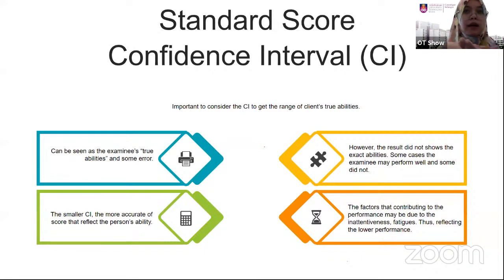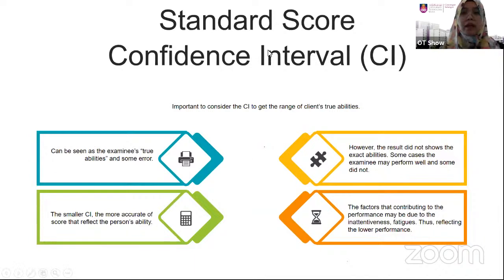Dalam manual dia tak mention you mesti pilih 90% ataupun 95%. You boleh pilih either sama ada 90 ataupun 95, tapi dia ada mention the smaller confident interval, the more accurate of the score that reflect kanak-kanak tu punya ability.